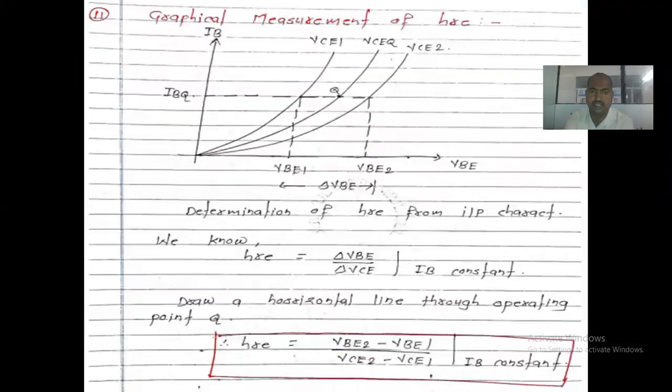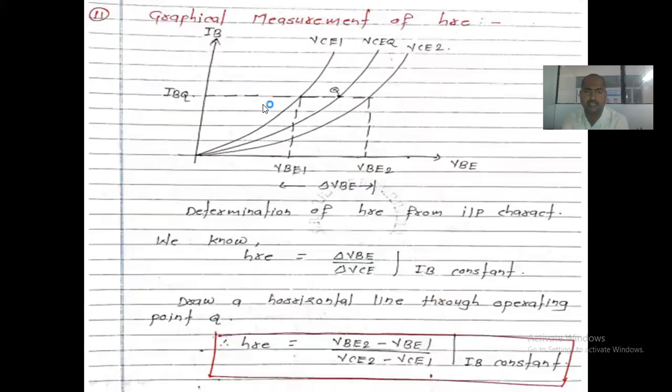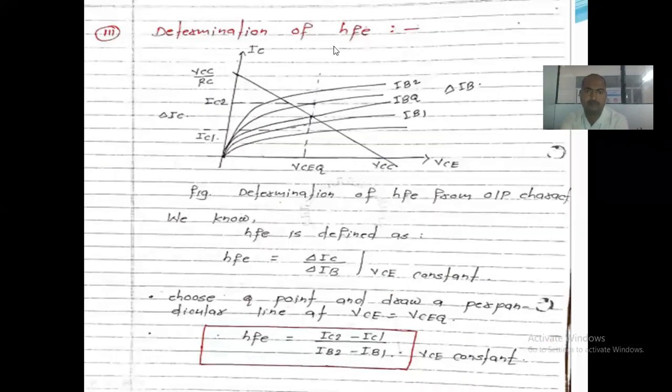Earlier, when we calculated HRE and HI, we used the plot of VB versus IB. But for the calculation of HAP, we don't use the same graph here. Tell me why it is not.